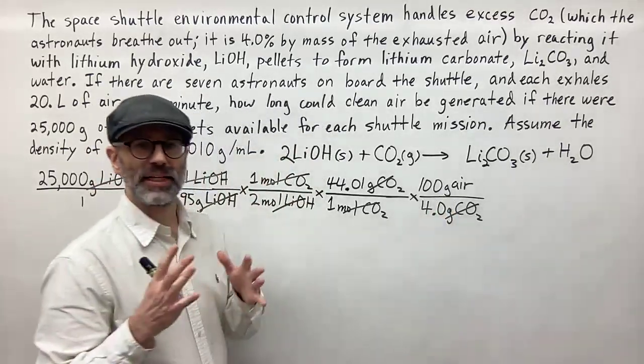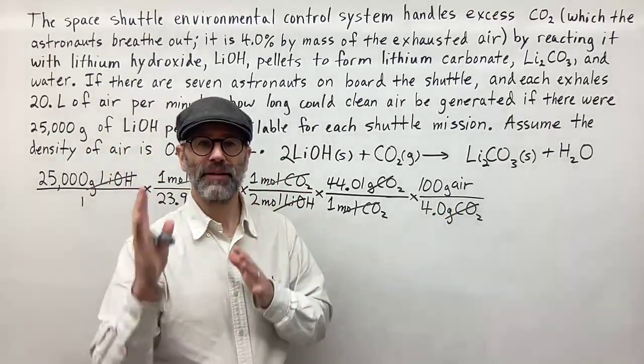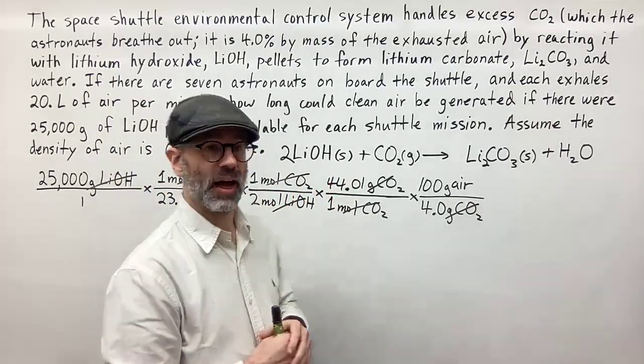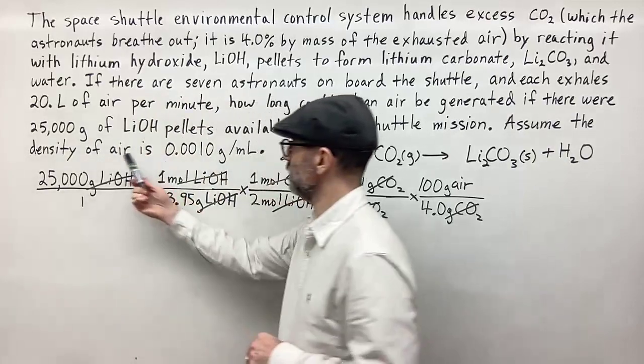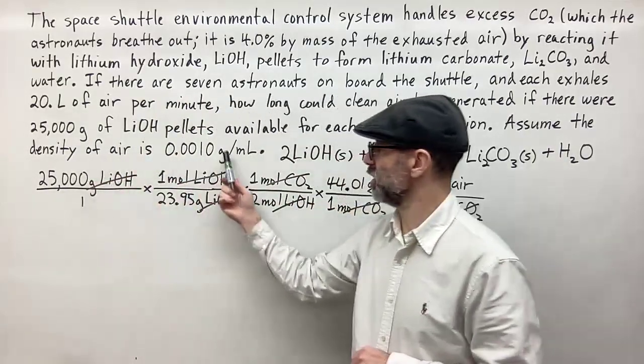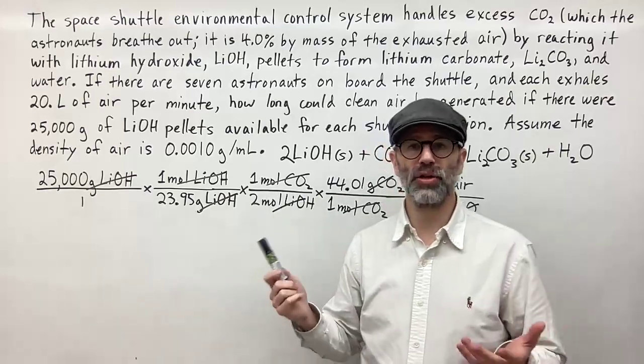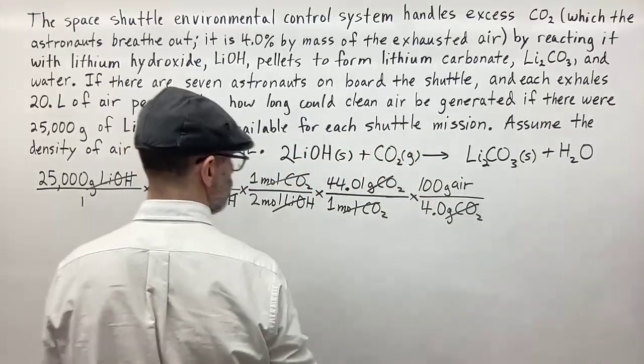Here I have mass, so I need a relationship between mass and volume, and they gave me the density of air. They're telling me that the density of air is 0.0010 grams per milliliter. So I can use that to convert to milliliters.